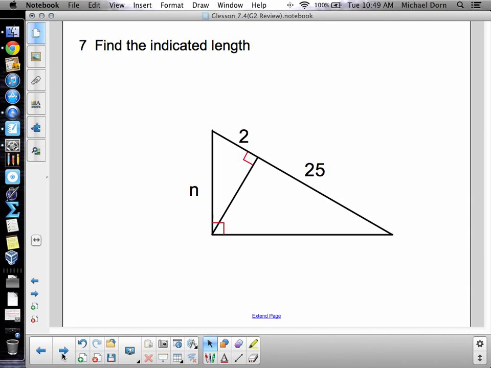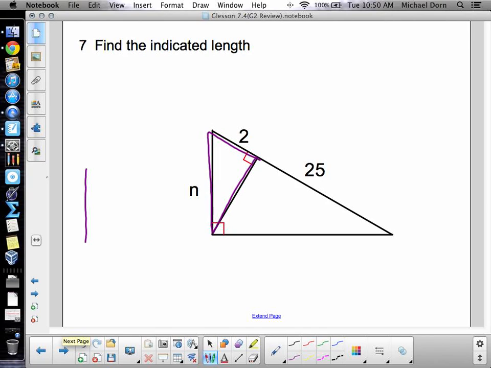All right. And most of you did this fine. But again, the 2 triangles we need here are this small triangle. And again, I'm going to just redraw that here. I'm going to redraw right angles there, so I know where the right angle is. The short leg is 2.